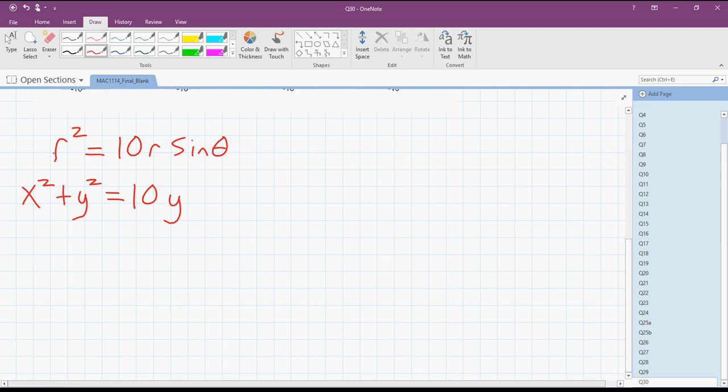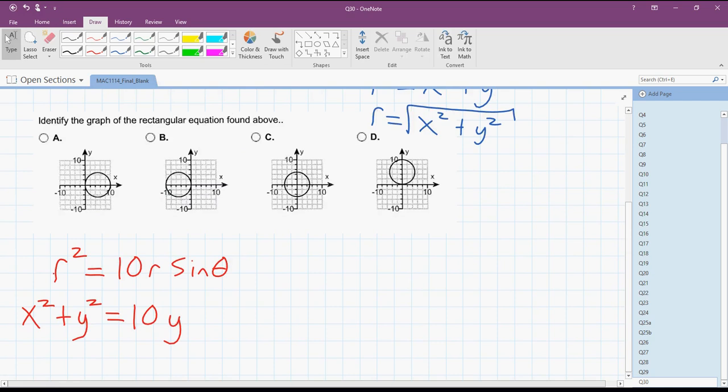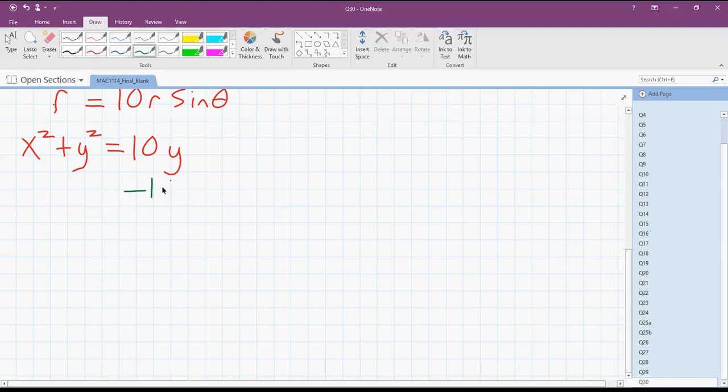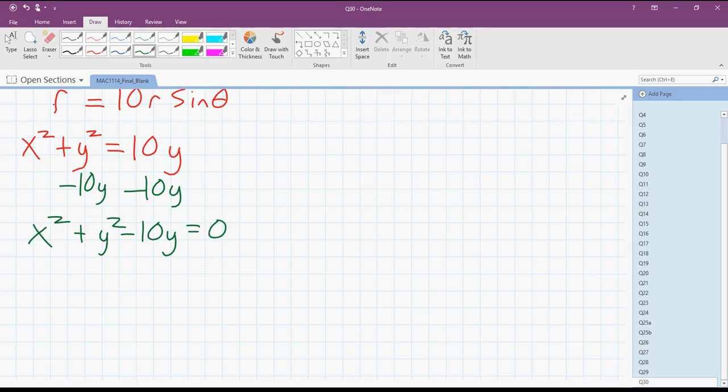Now, we're not done, though. We need to move this 10y over to the other side, and you're going to complete the square, because this thing is a circle, as you can see in all the pictures down below. So I need to move this over to the other side, so I'm going to subtract it. So we get x squared plus y squared minus 10y equal to 0. Complete the square. So remember, we have to find that c value.